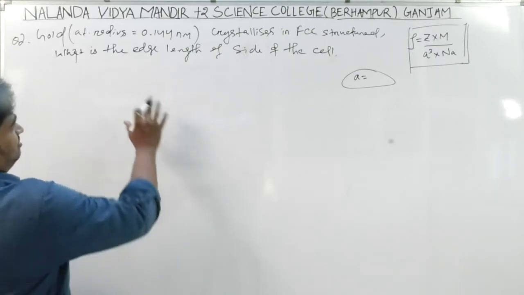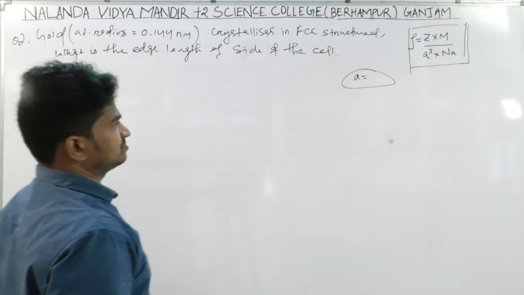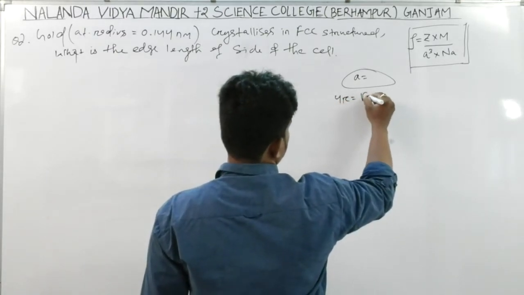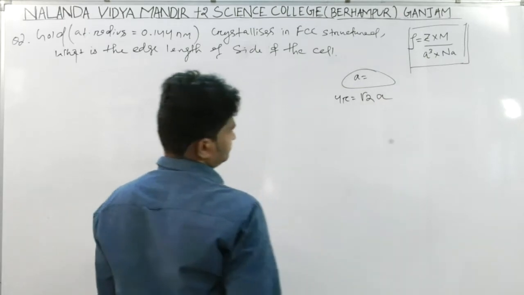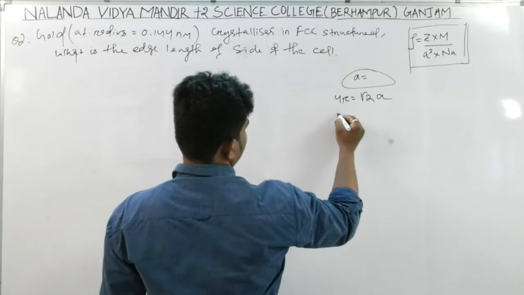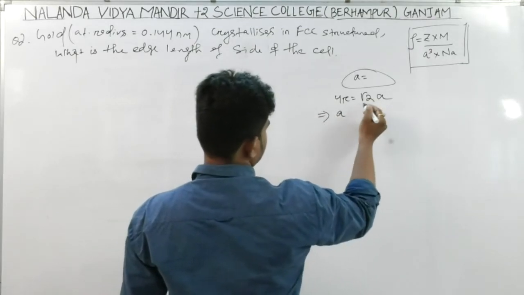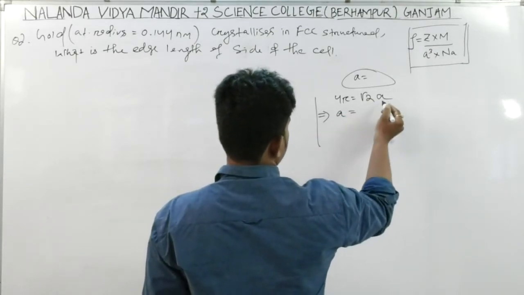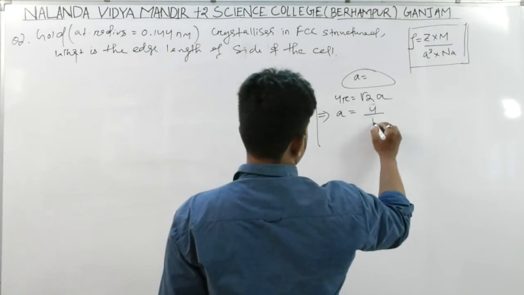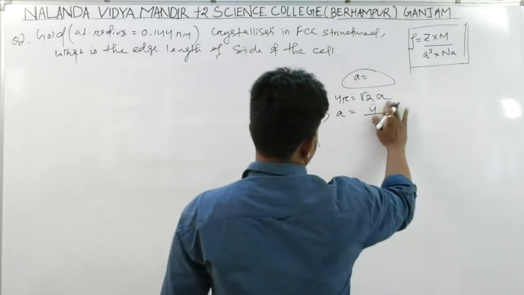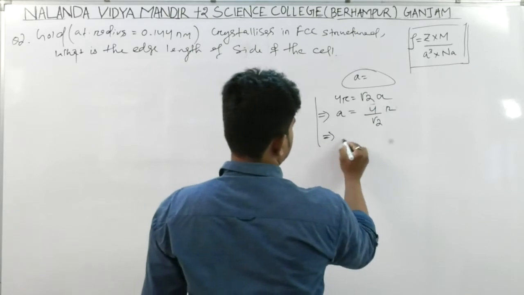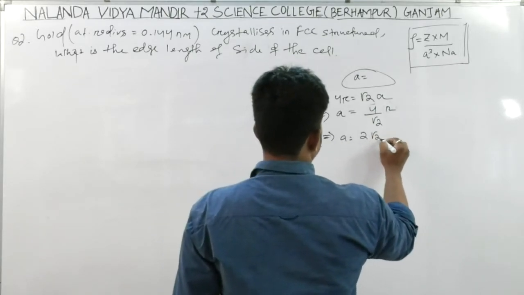Okay, see, for face centered cubic, the relation is that r is equal to root 2 a divided by 4. So a will be 4 divided by root 2 times r, or we can say a is equal to 2 root 2 r.